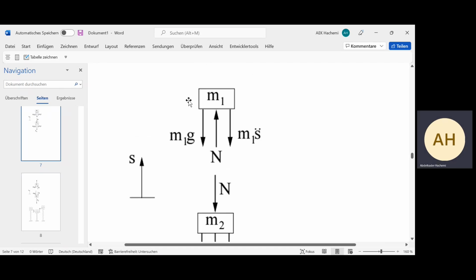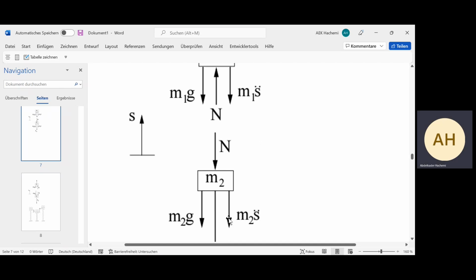For the mass M1, there is the inertia force or D'Alembert force, M1 multiplied by the acceleration, S dot dot. We have the weight, M1 multiplied by G, and we have the contact forces between the two masses M1 and M2.